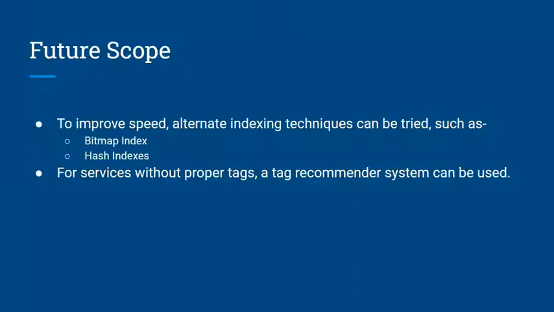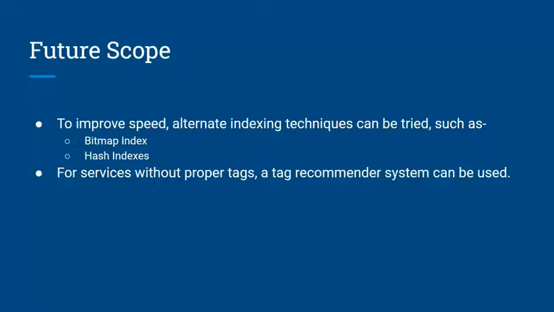For future work, we thought of using a bitmap index and hash indexes for better traversal, but it again requires a lot of research. Is it feasible for the implementation? Is it feasible to store all these new structures?